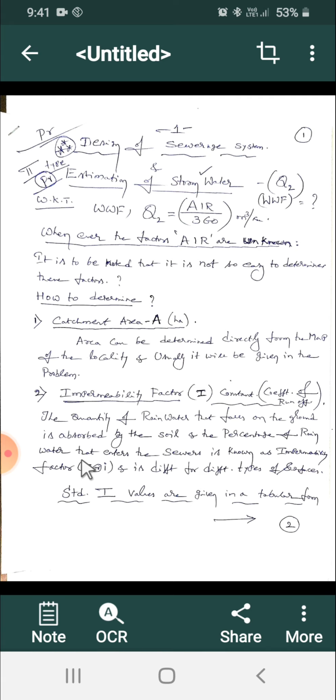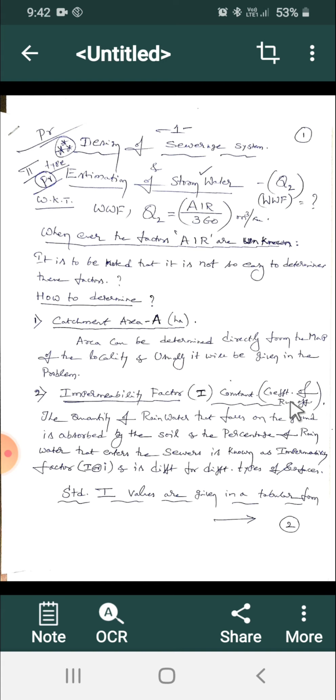After absorption what happens? The remaining water will be moving. That is a flow, that is surface runoff. If 100% water falls on the ground, then 50% will move over the soil surface and 50% will be absorbed. What is the value now? The I value is runoff. Remember it. This is called coefficient of runoff.